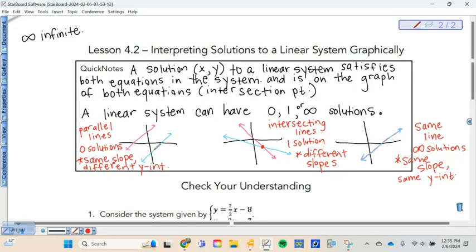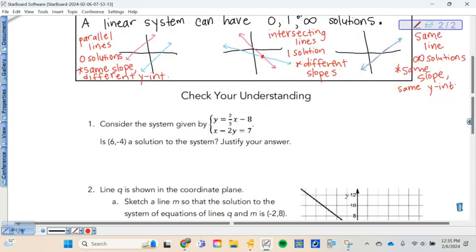All right, so you've got 3 problems here. I'll scroll back up to the notes in just a second, but let me talk through the problems real quick. In number 1, it's asking, is 6, -4 a solution to the system? So your answer should include a yes or a no. What you can do to figure that out is we just test this point. Plug in 6 for x and -4 for y.